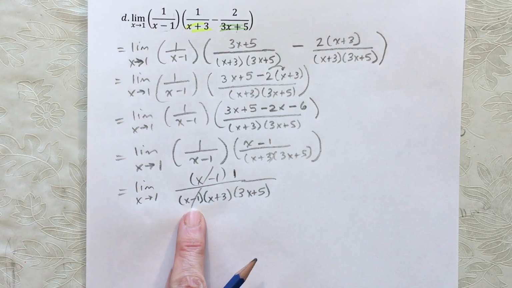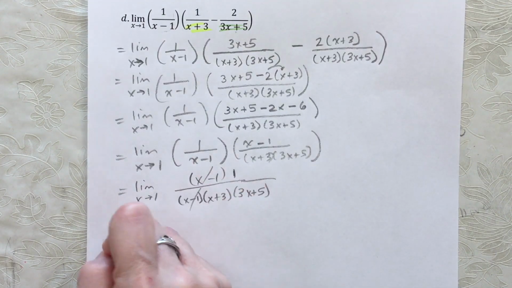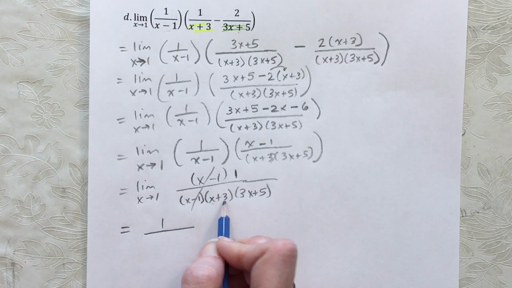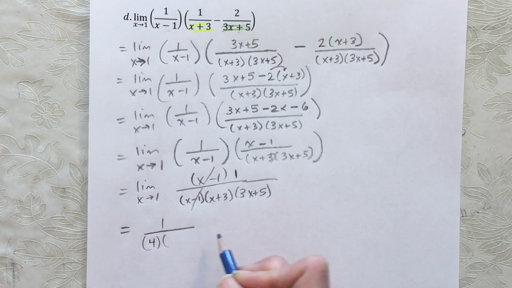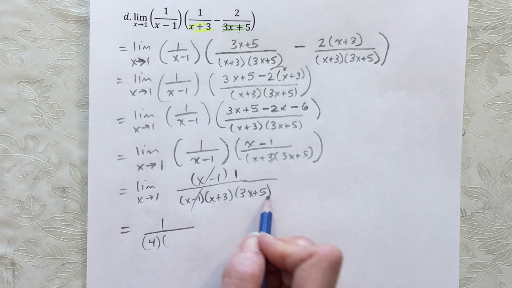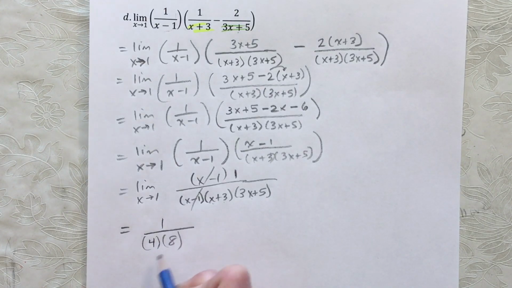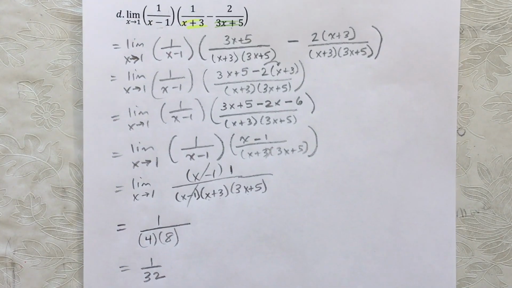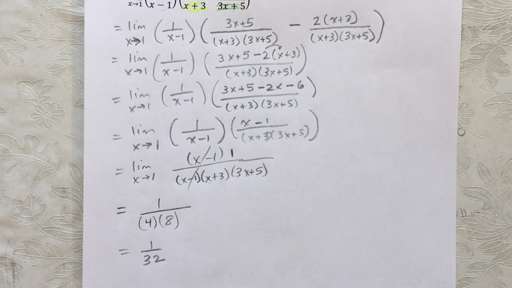So now that there's no x minus 1 in the denominator, it's safe to let x approach 1, which is going to give us 1 plus 3 is 4, times 3 times 1 plus 5 is 8, giving us 1 over 32. Our limit. All right. Thanks, guys.